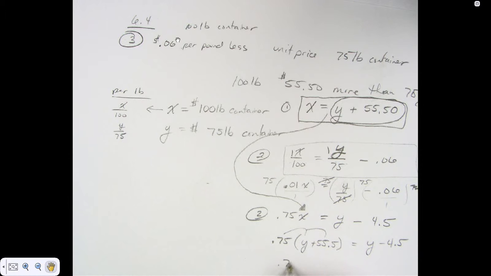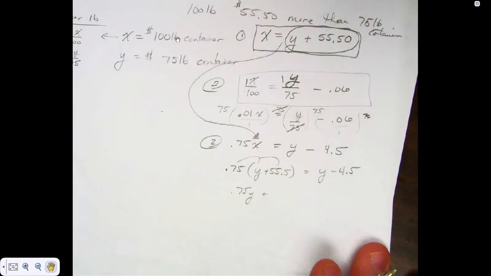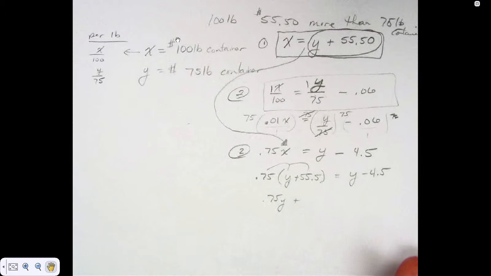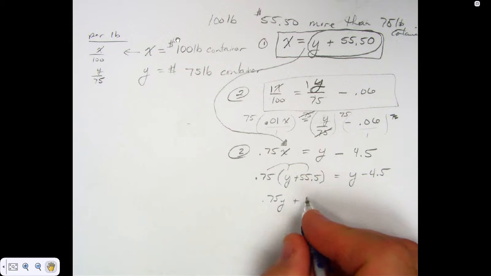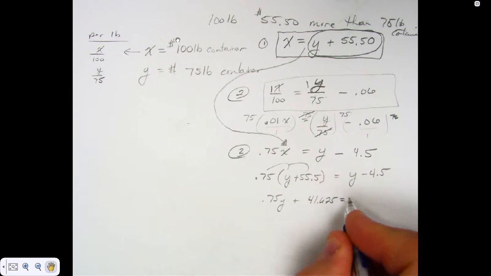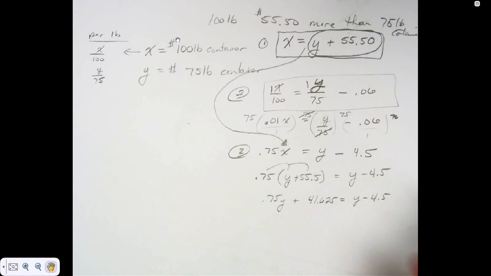Multiply through and I get 0.75y plus what's 0.75 times 55.5? 41.625 is equal to y minus 4.5.